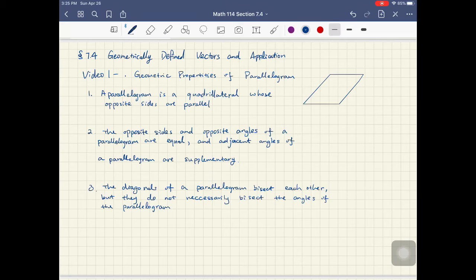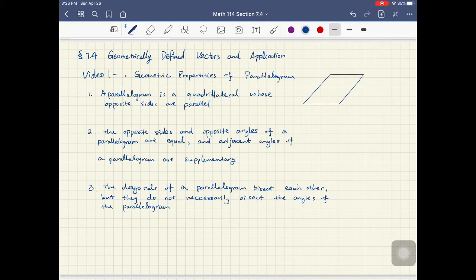The last part of this video, we're going to talk about the geometric properties of a parallelogram. Since we're talking about the sum of two vectors and the difference of two vectors using a parallelogram, here we're just going to quickly talk about them. Parallelogram is probably a term you hardly hear about, but it is a type of geometric shape, a bigger family having a lot of different subcategories.